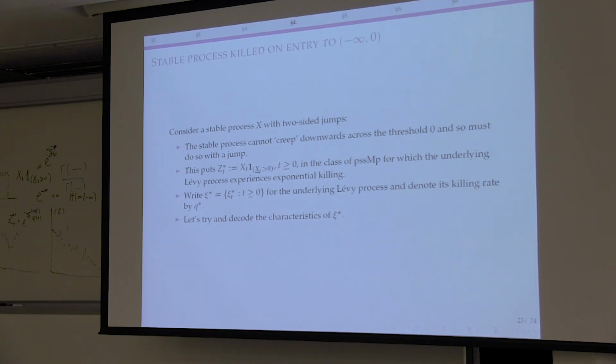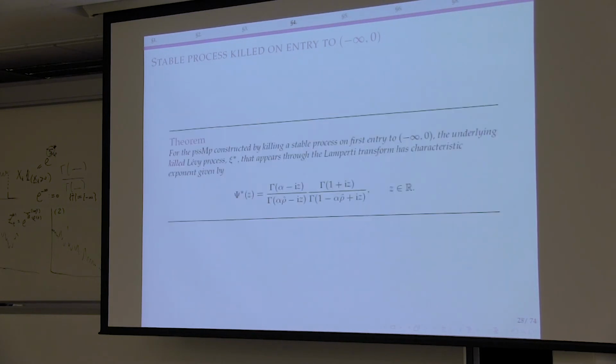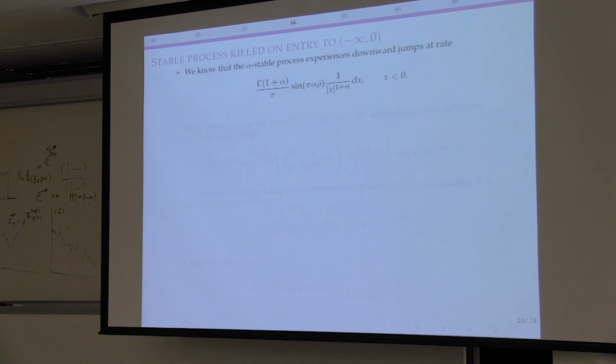And just to whet your appetite, it's a hypergeometric Levy process. So you should be amazed at this point. It is unbelievable. Not only that, you're going to see lots more of these hypergeometrics appearing hidden inside path transformations.